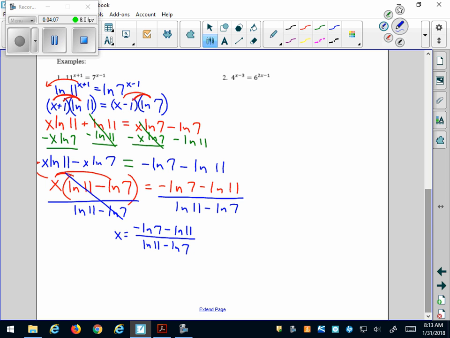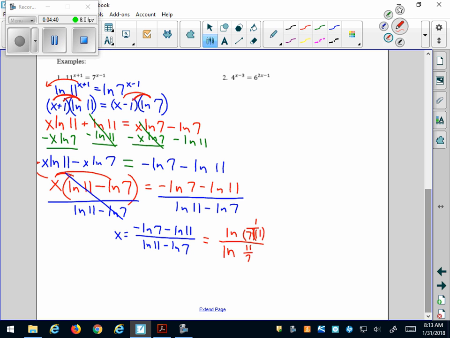I could now condense my numerator and condense my denominator, and that would be ln of 1 over 7 times 11, right? Because there's a negative out front, so that 7 has to actually go on the bottom. And ln of 11 over 7 on the bottom of that.